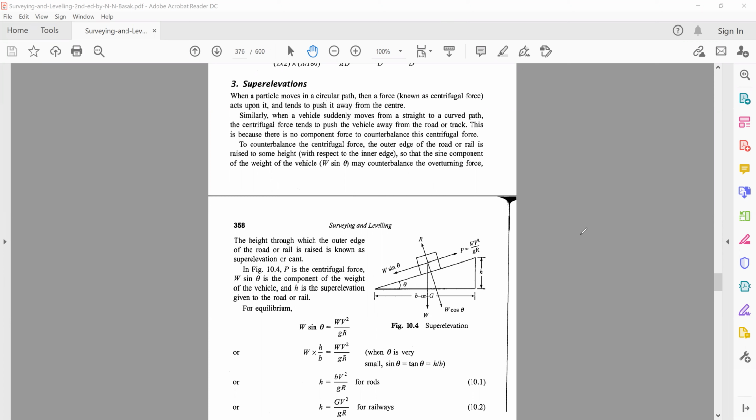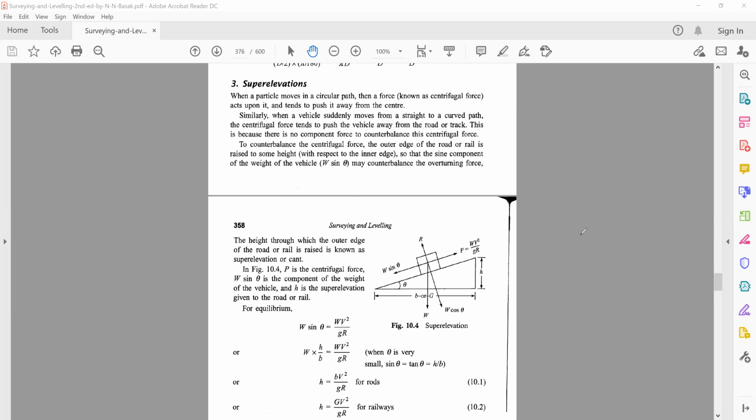Now, imagine a vehicle traveling on a road at a speed and it tries to take a very sharp turn. There's a good chance that if the speed is a lot and if the curvature is sharp, then the vehicle can topple over.